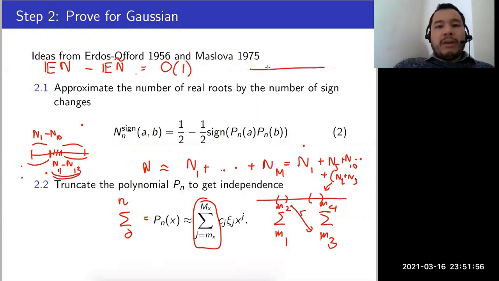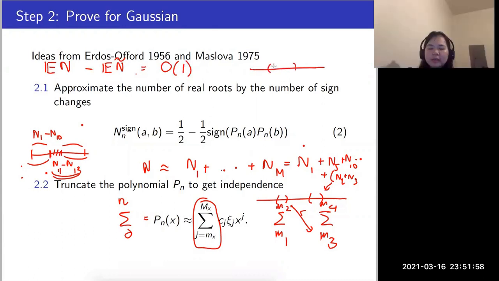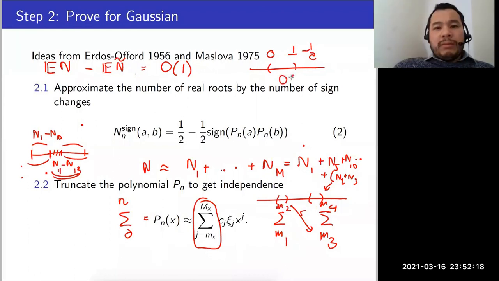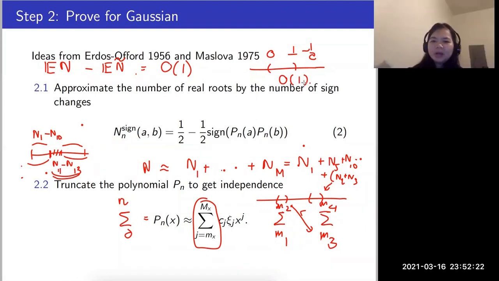That is because we have to deal with, for example, the fixed intervals, like from 0 to 1 minus 1 over c. That is a fixed interval, and when we send n to infinity, the error term is about of order 1. So it depends on the particular interval that we are looking at.